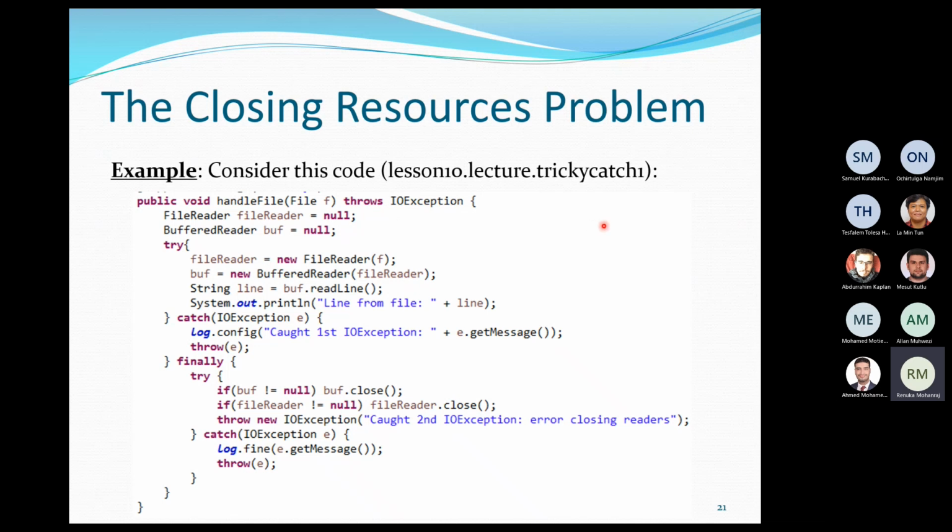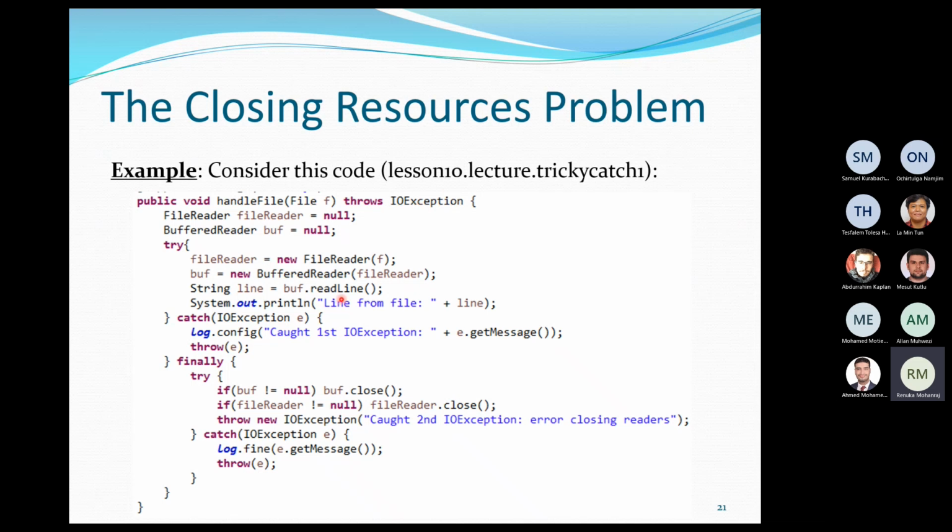Another example is CloneNotSupportedException. So over here, you must provide throws IOException; if you don't, you get a compiler error. So it's called a checked exception.